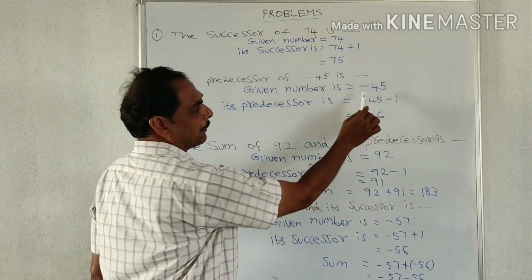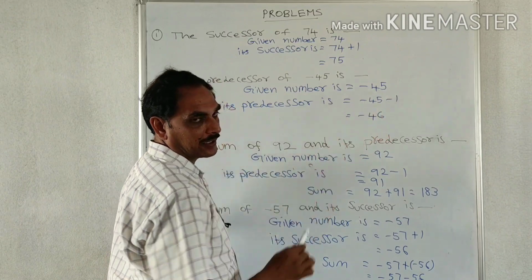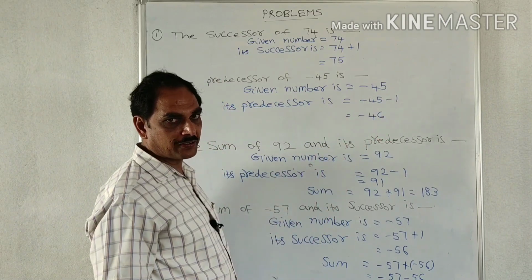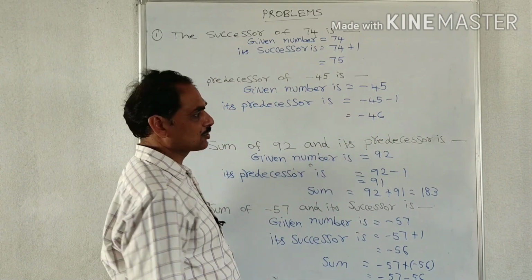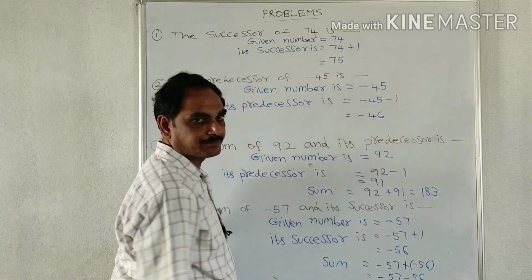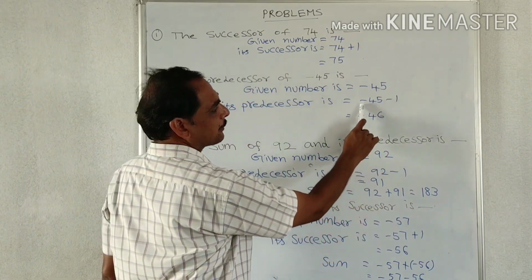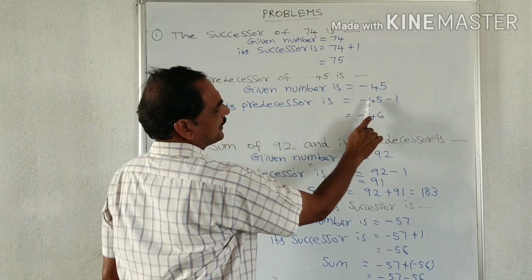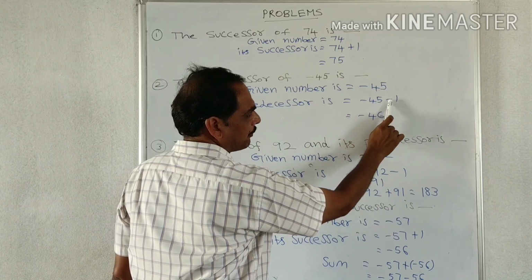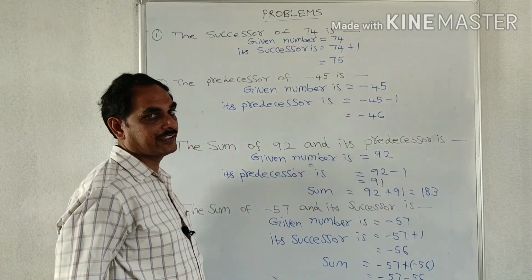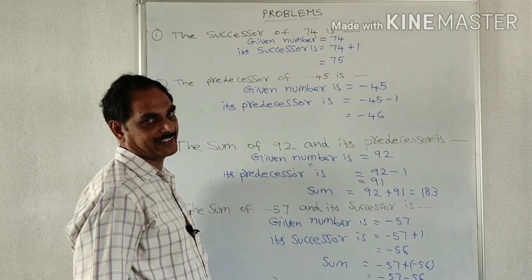So here minus 45 is the number. Now we are going to find its predecessor, so we subtract 1 from it. Its predecessor is minus 45 minus 1. This is a sum of integers.